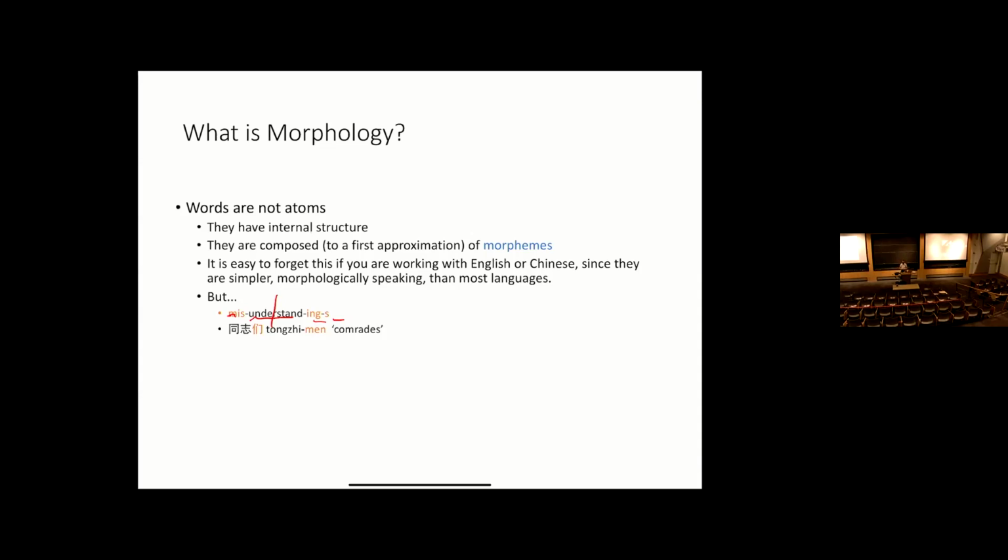So you can say things like 同志们 from 同志, which means comrade, and 们, which means plural. Although, as some of you who speak Chinese and are up on modern lingo know, 同志 and 同志们 have come to mean something other than just comrade.